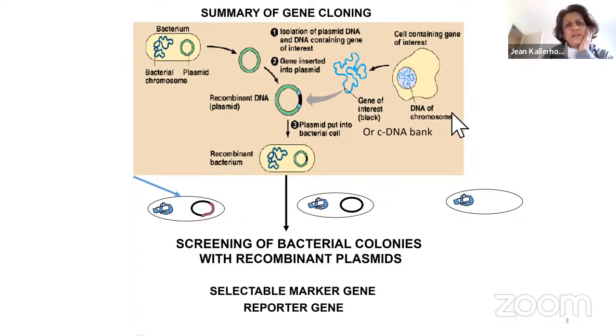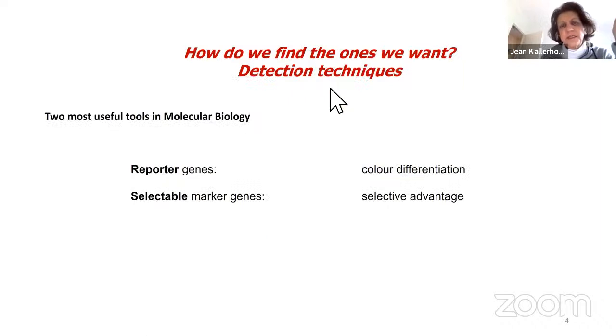Okay. So the challenge is to find the colonies that are carrying the sequences that we want to work on, that we want to target. And there are two most useful tools that you need to understand, first of all, and remember. The first ones are called reporter genes, and they are based on color differentiation.